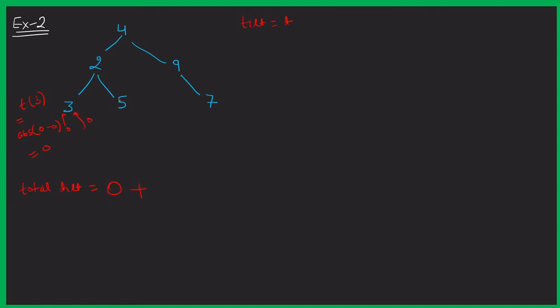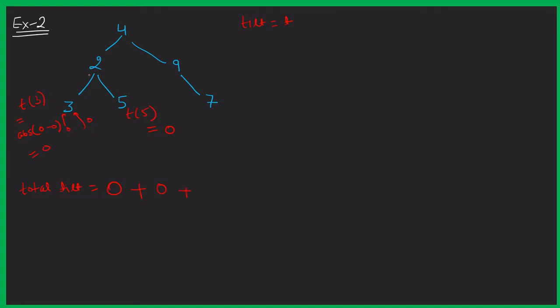Now the tilt of 5 will again be 0 because it is a leaf node. That is the absolute difference of the left and right part, the absolute difference of 0 minus 0. So again I add this 0 to the total tilt.